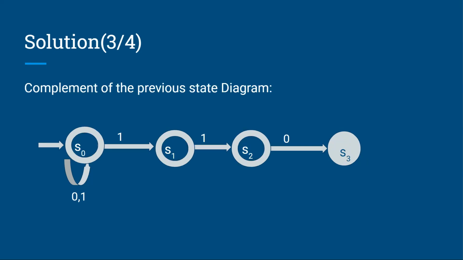Now we need to complement the previous state diagram. So how do we do that? As I said earlier, we need to exchange the states which are final states with non-final, and the non-final states with final states.